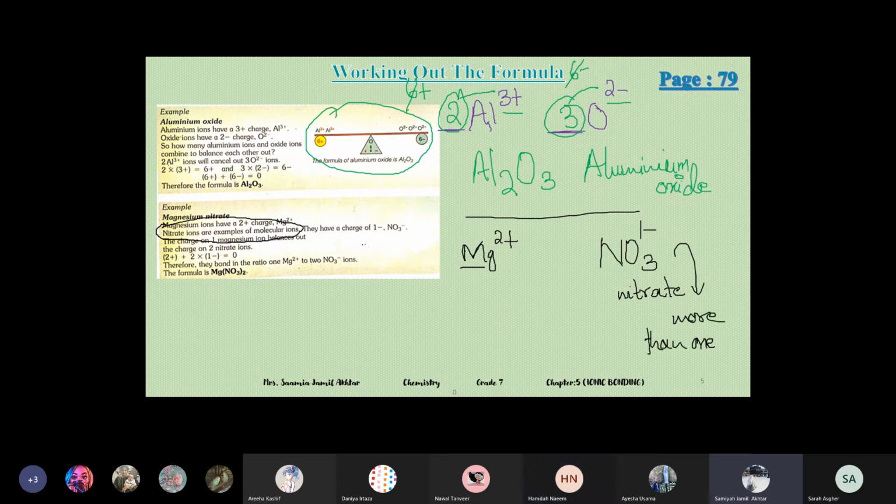In nitrate you can see there is nitrogen and 3 oxygen atoms. So it's a molecular ion, more than one element. You have to understand what a molecular ion is: an ion which contains more than one element.